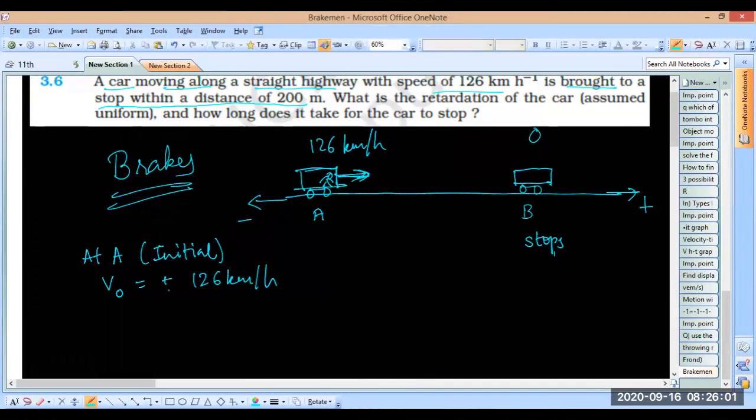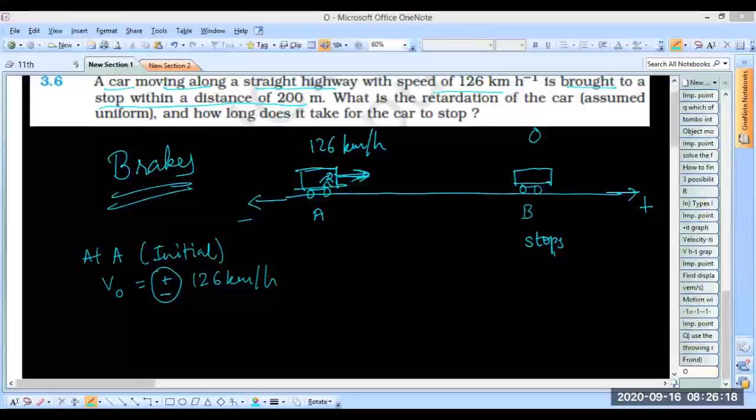Now my question is, plus or minus? Why is it plus? Yes, that's right. The vehicle is moving in the positive direction. Ananya, I hope that's clear. The vehicle is moving towards the right side and we have taken the right side as positive.